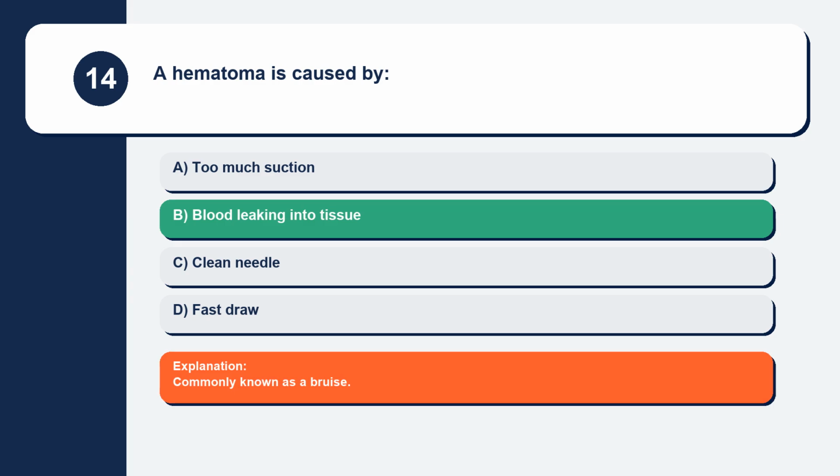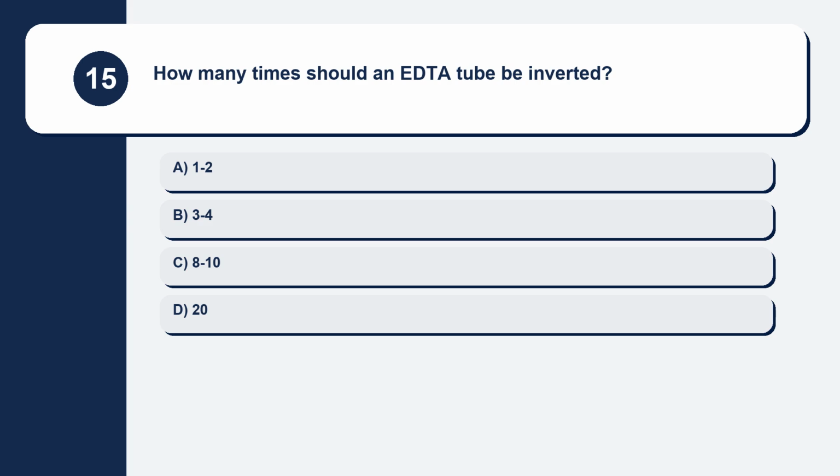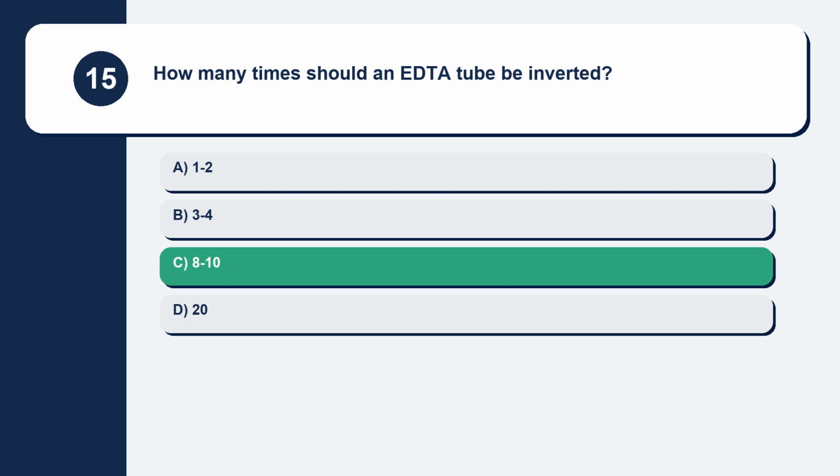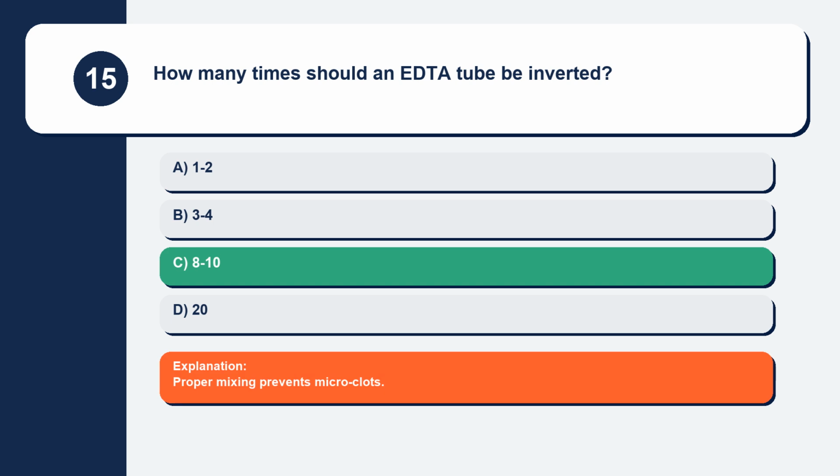Commonly known as a bruise. Question 15. How many times should an EDTA tube be inverted? 1-2, 3-4, 8-10, or 20? Proper mixing prevents microclots.